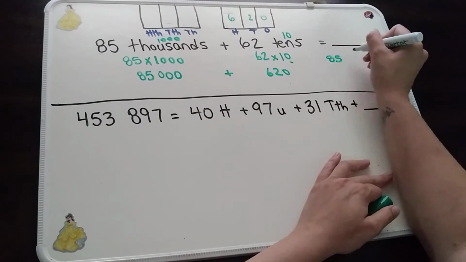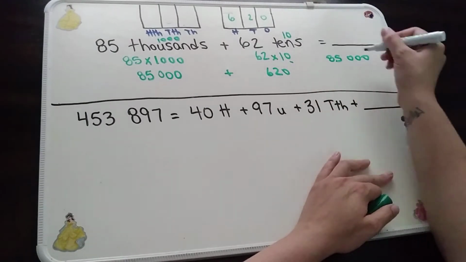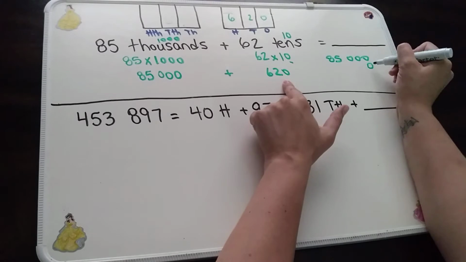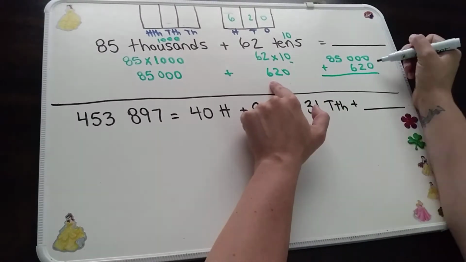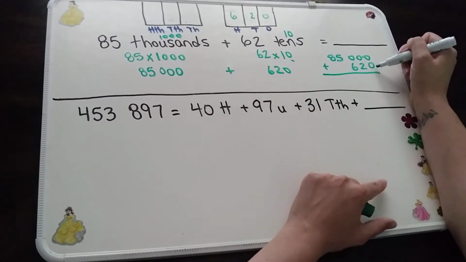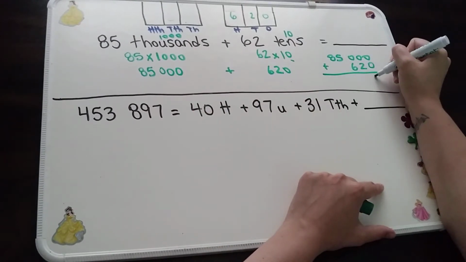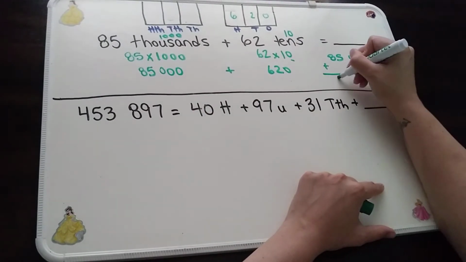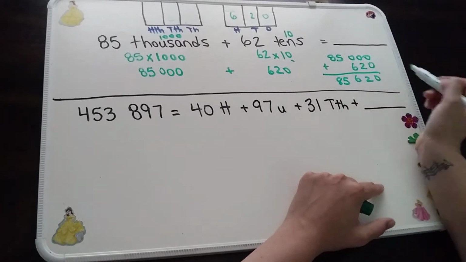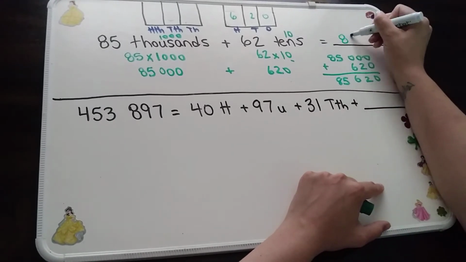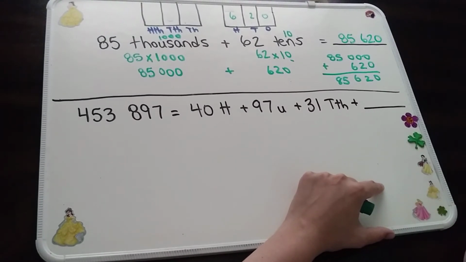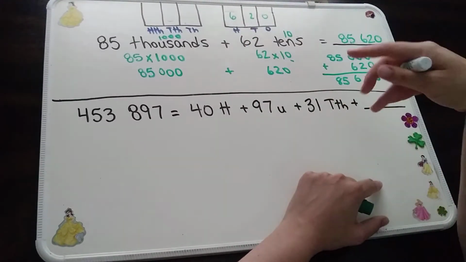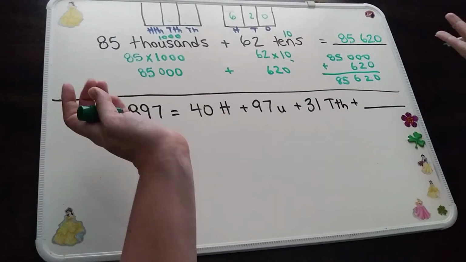Otherwise, just be sure when you are adding it together that you line it up properly. We've talked about this a lot in the videos, that your ones are lined up, your tens, your hundreds, etc. So 85,620. Okay, that's using two different strategies, but again, you get the same answer, so it works.